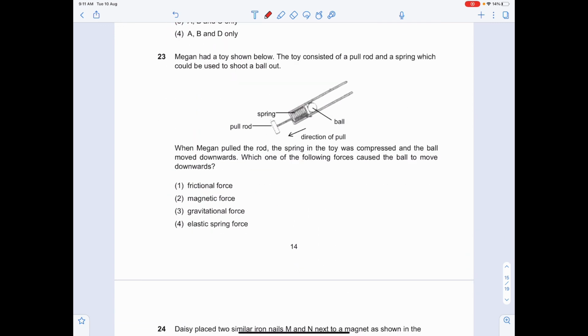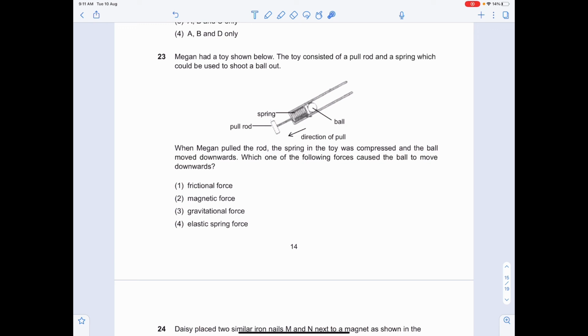Next, Megan had a toy shown below. The toy consisted of a pull rod and a spring which could be used to shoot a ball out. When Megan pulled the rod this way, the spring in the toy was compressed and the ball was moving downwards. Which of the following forces causes the ball to move downwards?